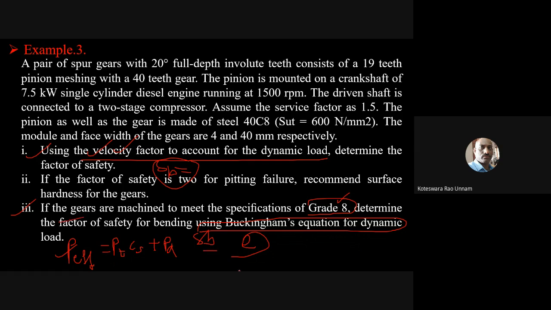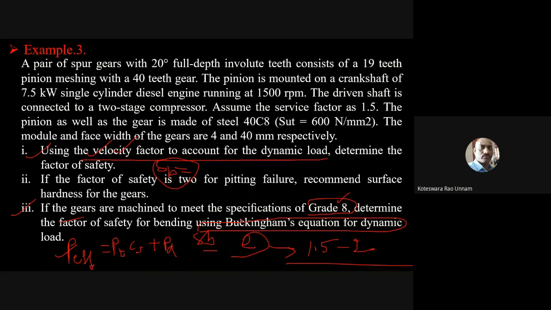Now, if the factor of safety is satisfactory, that means if the required factor of safety is something like 1.5. Here the service factor is given, the factor of safety is not given. Whatever value we get, if that value is within the range of 1.5 to 2, then I can say it is okay.